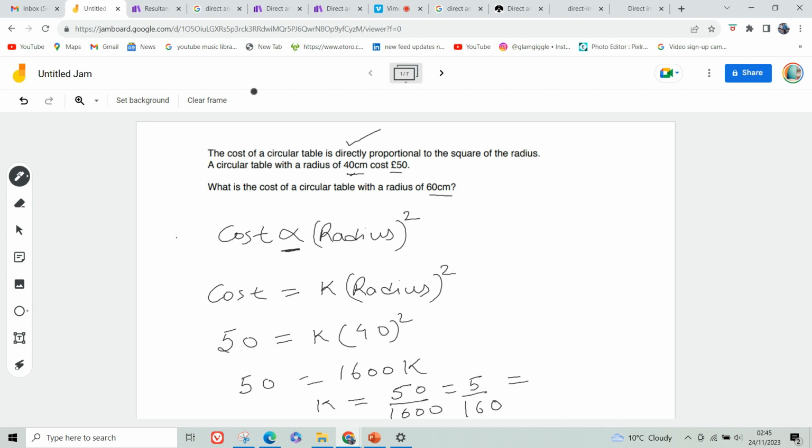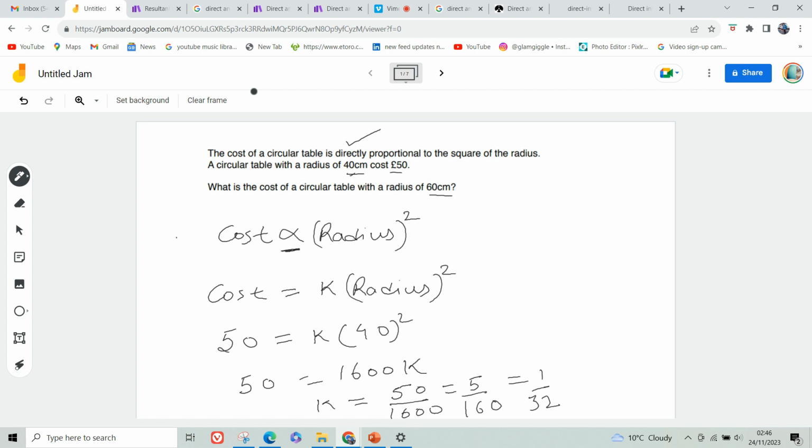If you further simplify it, you will get 1 over 32. So the value of k is 1 over 32.